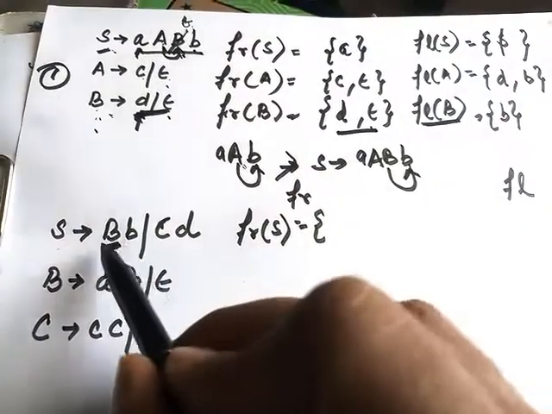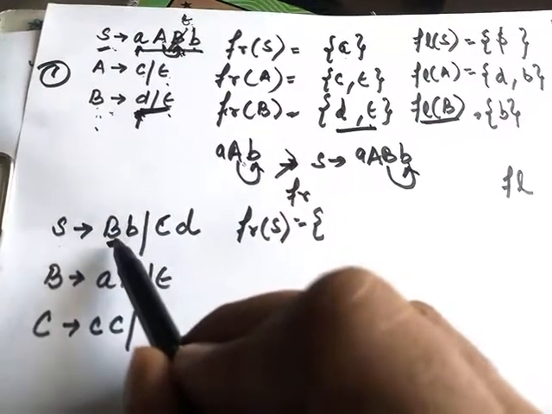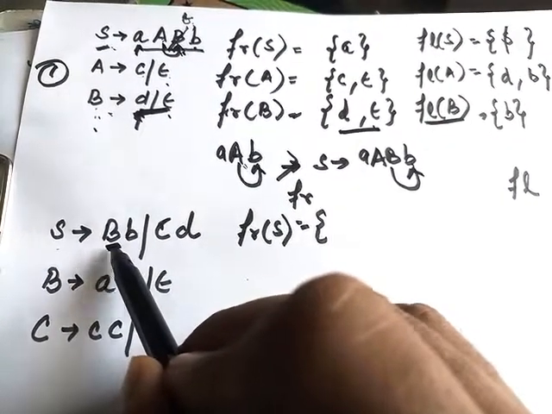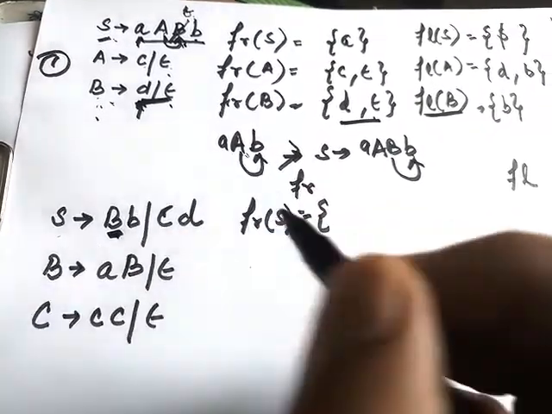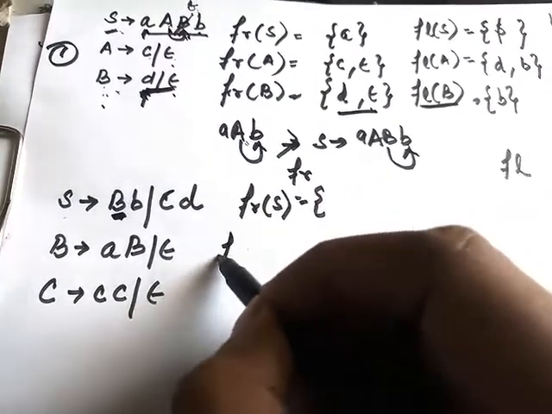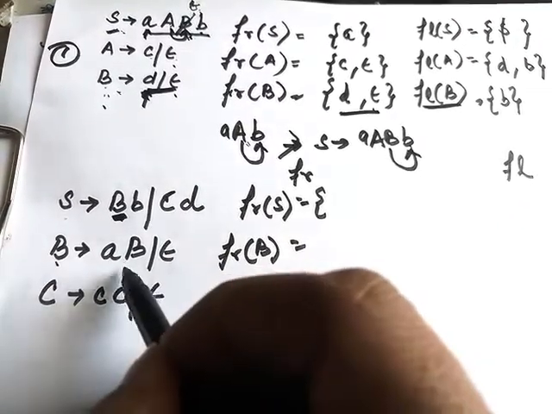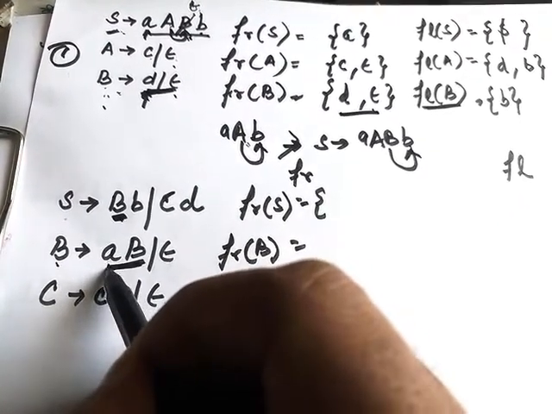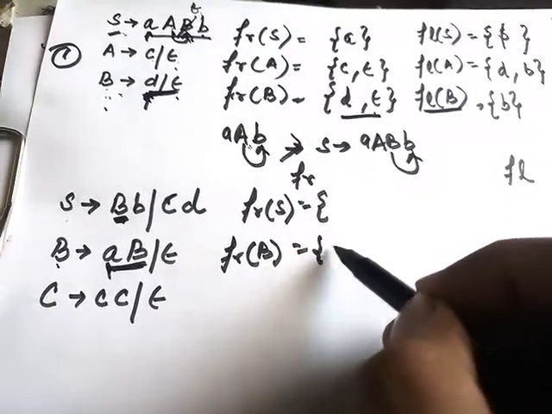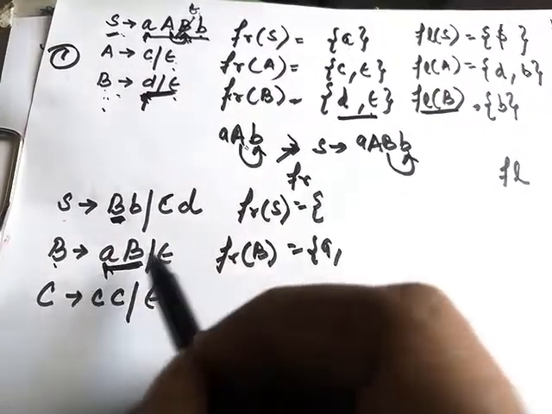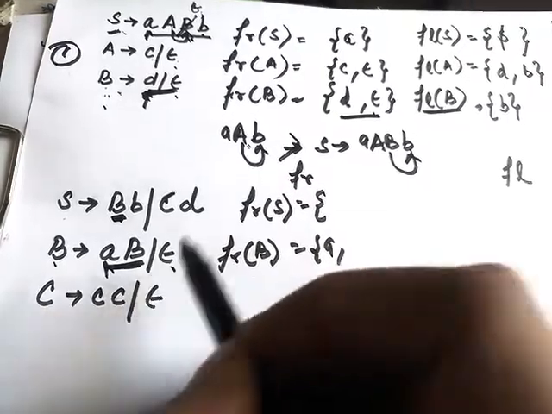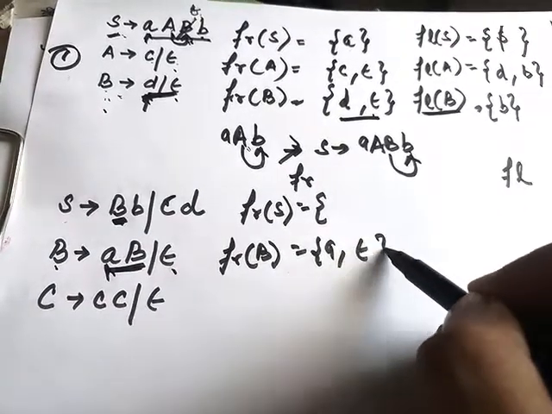S is a non-terminal, so we have to find out first of B. So let's see what is first of B first. First of B is what B generates. What is the first symbol? A, which is a terminal, so we mention it over here. What is the second symbol in the production? Epsilon, so we mention it over here.